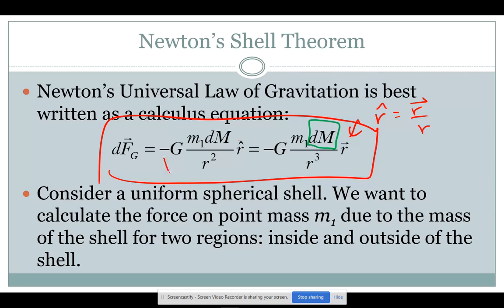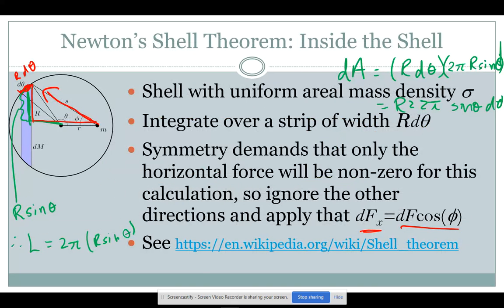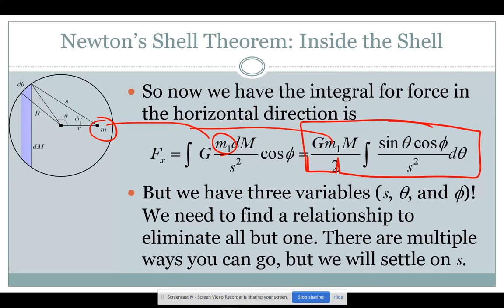We actually used this form, and then we took the x components. That's where the cosine phi came from. We had to change the dm to find it in terms of, in this case, d theta. But it's that equation there. Back to where we are.